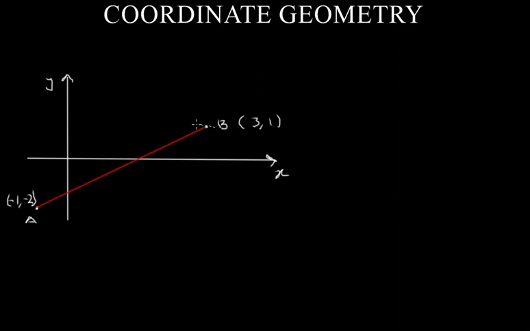So this is the line parallel to the x-axis that's cutting through the y-axis, and we have another line, parallel to the y-axis, that is cutting through point B and cutting through the x-axis as well.